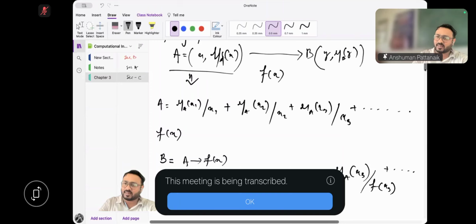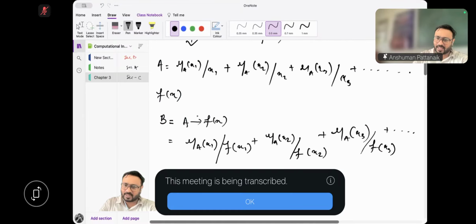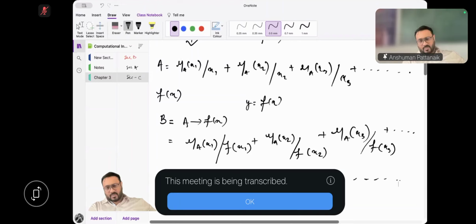As we already know, y is nothing but f of x. So this is nothing but mu of A of x1 by y1, mu of A of x2 by y2. This is the general approach by which we solve the problem. Have you got it?